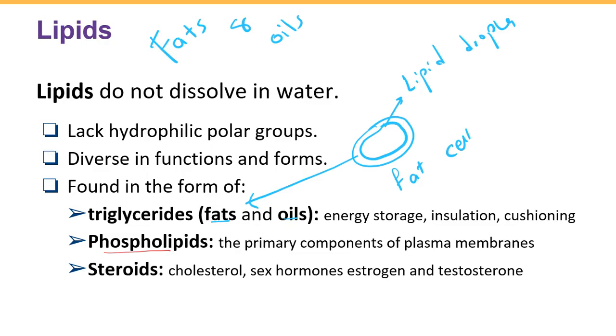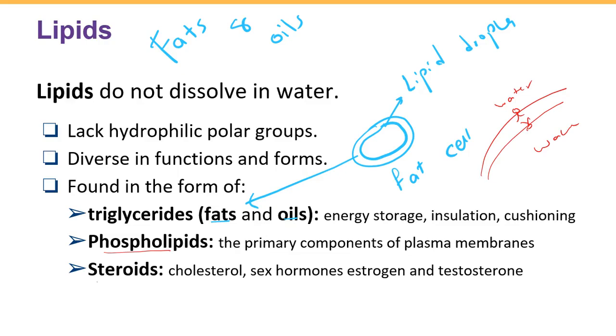Phospholipids are also amphipathic molecules, which means that they have one hydrophilic side and another hydrophobic side, and that's the reason our plasma membrane has two layers of phospholipid. In this way, the hydrophilic heads are toward the water molecules inside and outside, and the hydrophobic tails are next to each other.